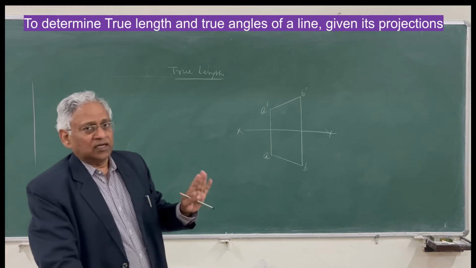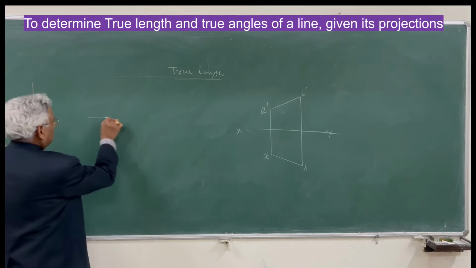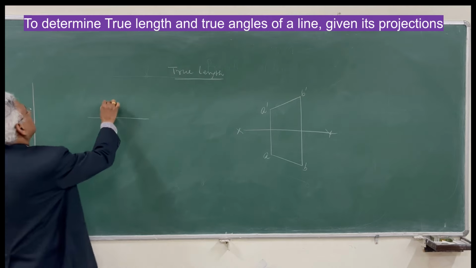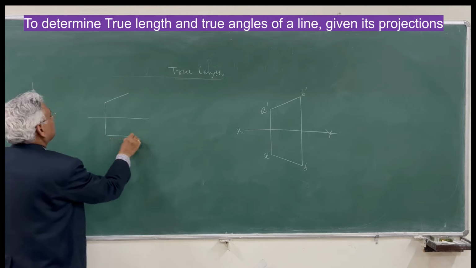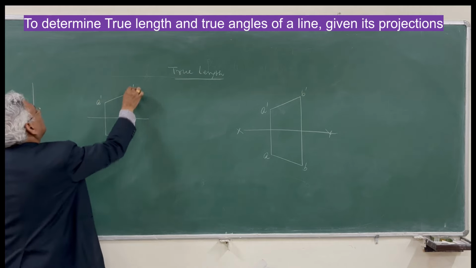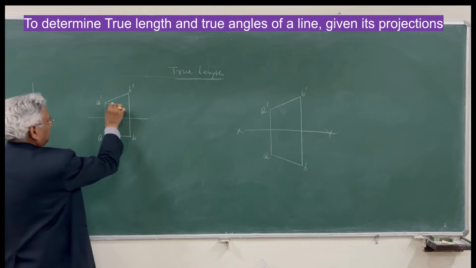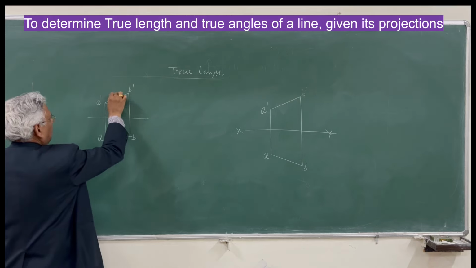Now there are two methods of finding the true length of this line. Remember these cases, and these are principal cases or basic cases, when the line is inclined to a plane and parallel to another. This is angle theta and this is the true length.